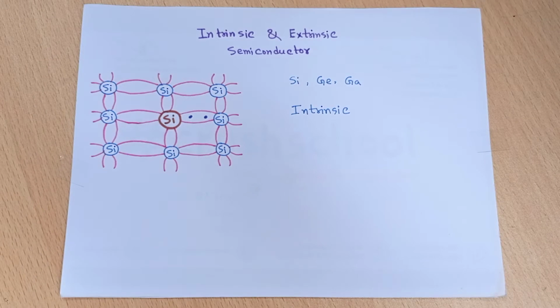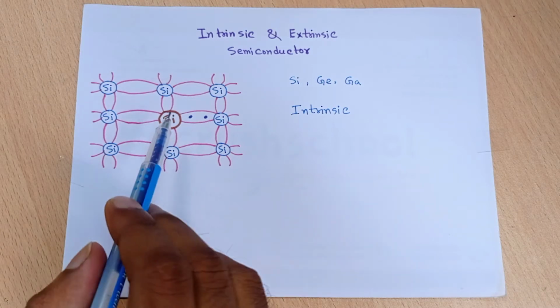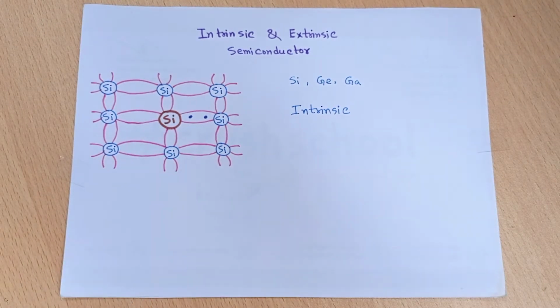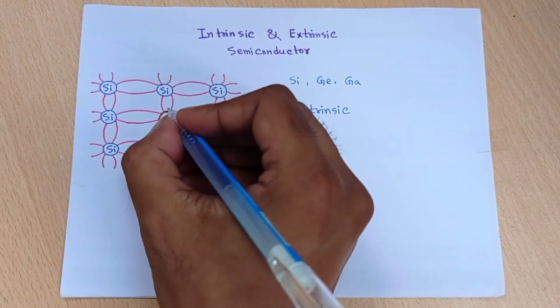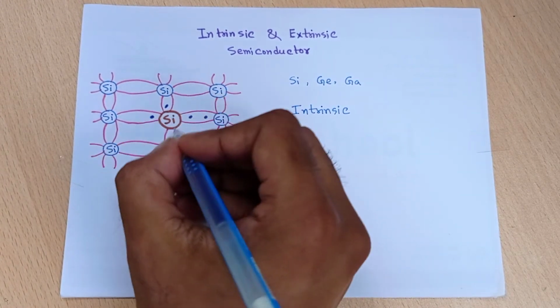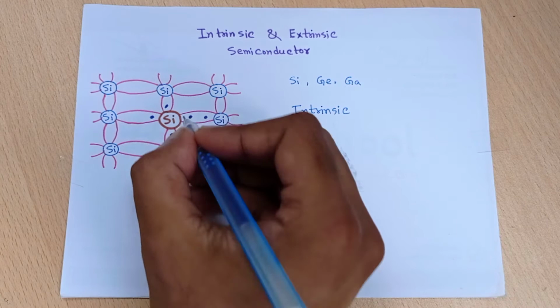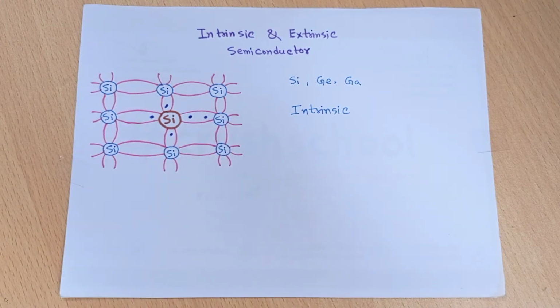In a pure semiconductor, there are only 4 electrons in the outer shell of each atom. So each silicon contains 4 valence electrons in the outer shell of its atom, and these 4 electrons can easily be shared with another silicon atom and also make the covalent bond.